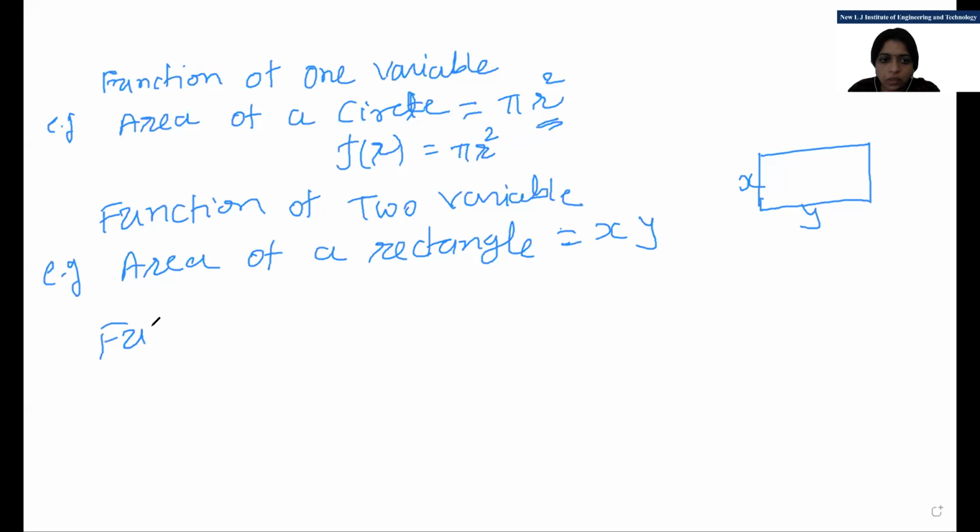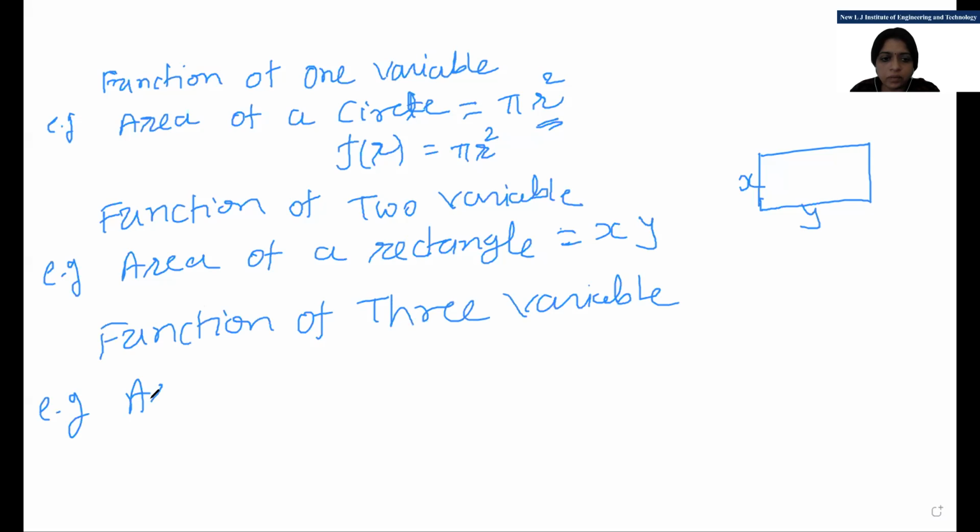Now function of three variables, then the area of a parallelopiped.